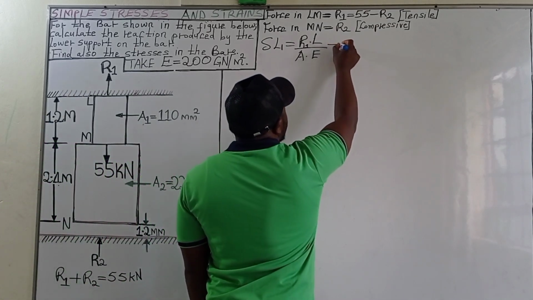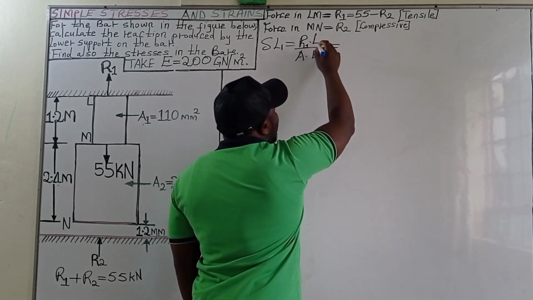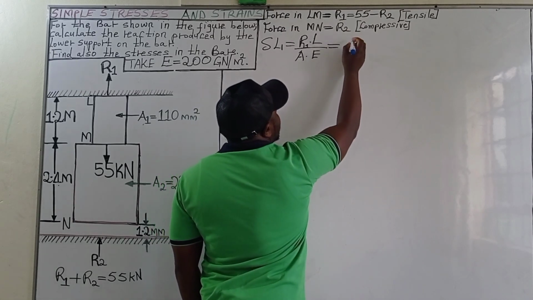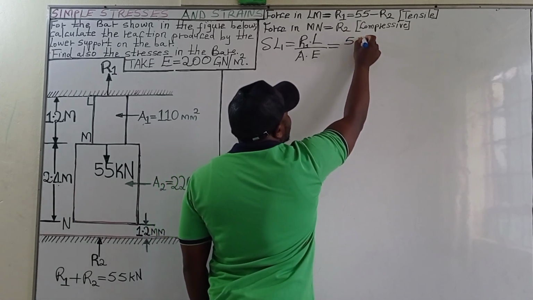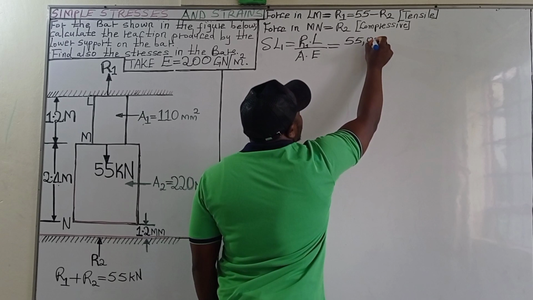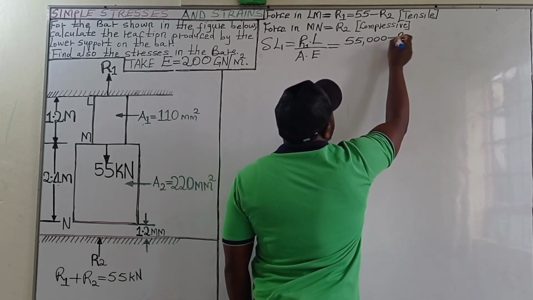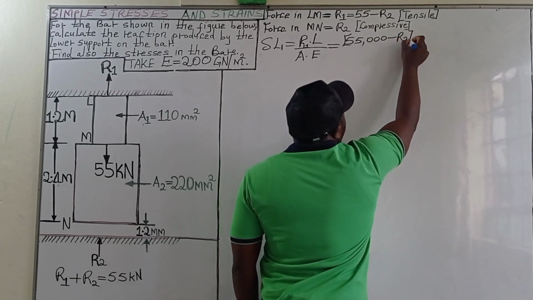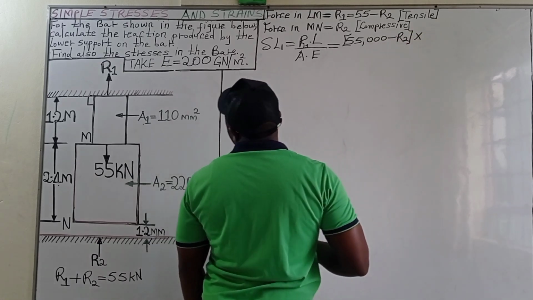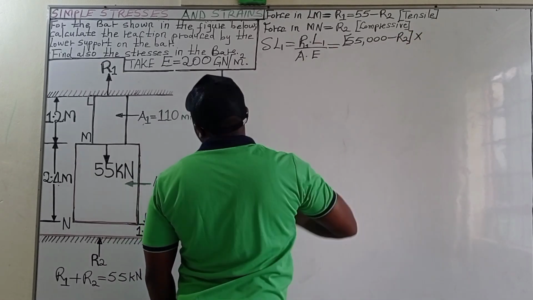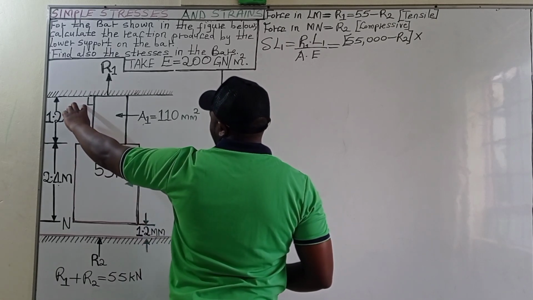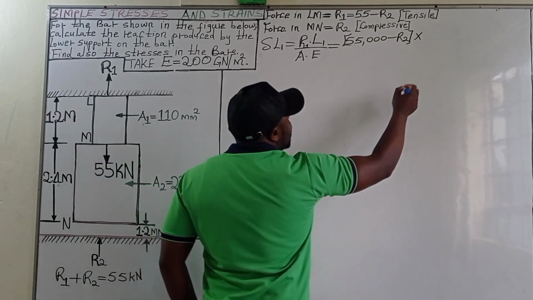So this one will be equal to R1, which is 55 kilonewtons. We convert it to newtons. That is 55 multiplied by 1000 minus R2, multiplied by L1. L1 is the length of the upper bar, 1.2 meters.